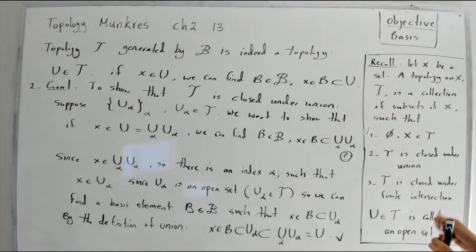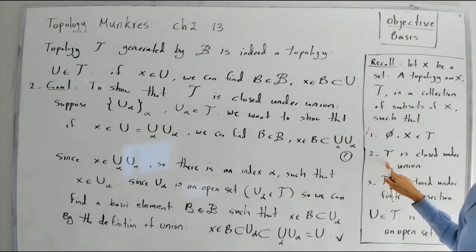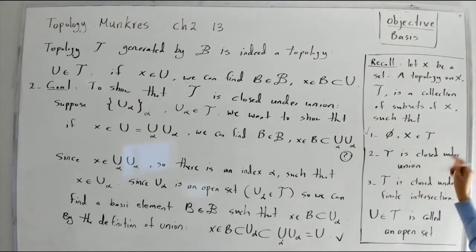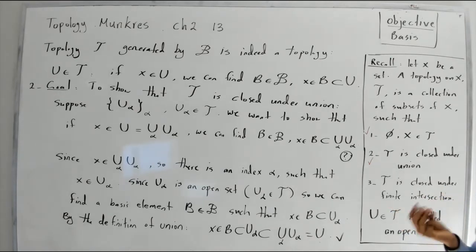So we just showed that our topology, which is generated by the basis, is closed under union. What's left is to show that this topology is also closed under finite intersection.